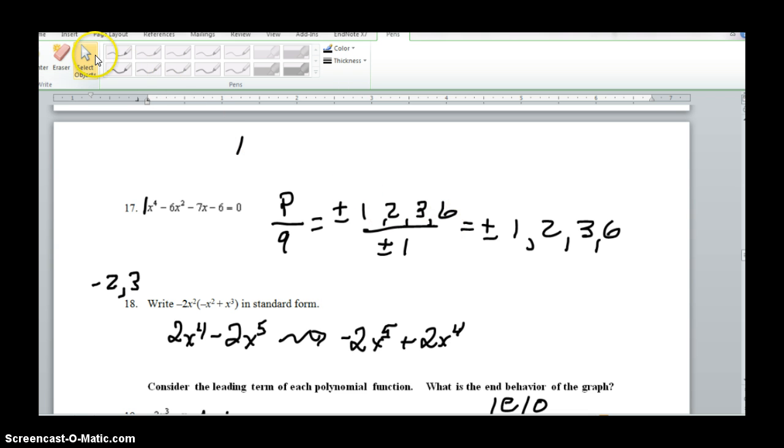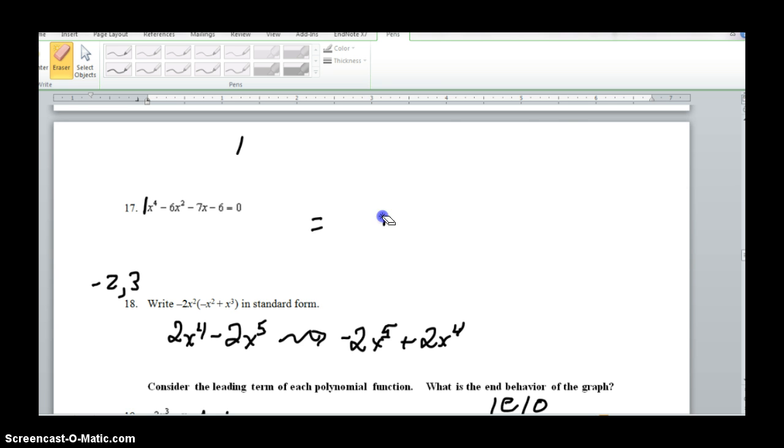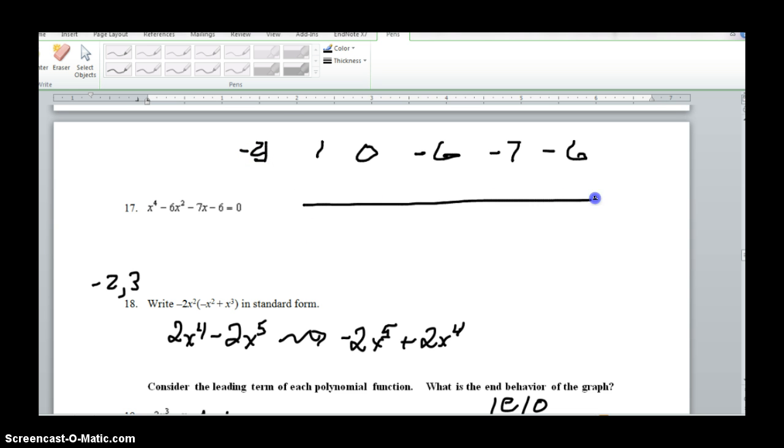So now what I have to do, I'm going to give myself a little bit of room here to do some synthetic division. I'm going to go ahead and write down my coefficients. 1, 0, because we're missing the cubic term, -6, -7, and -6 again with the synthetic divisor of, let's just start off with -2, that's fine, doesn't matter which one.